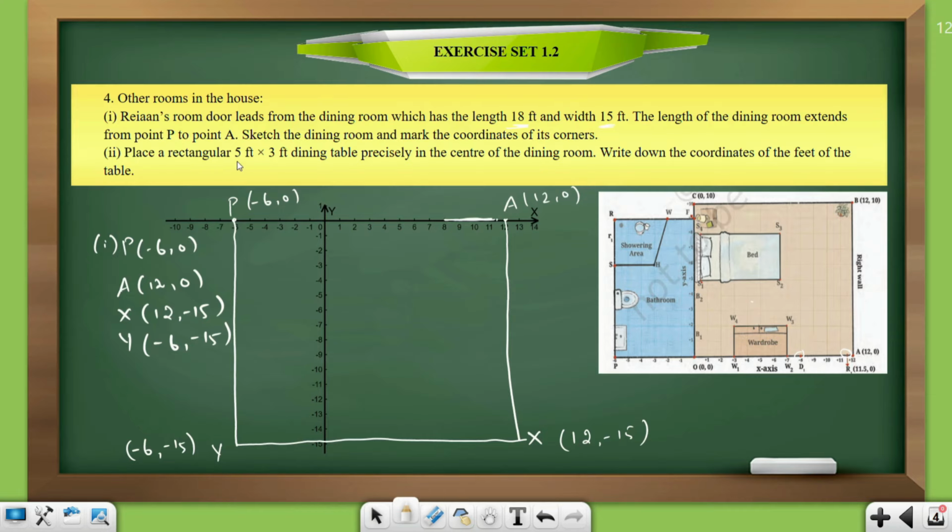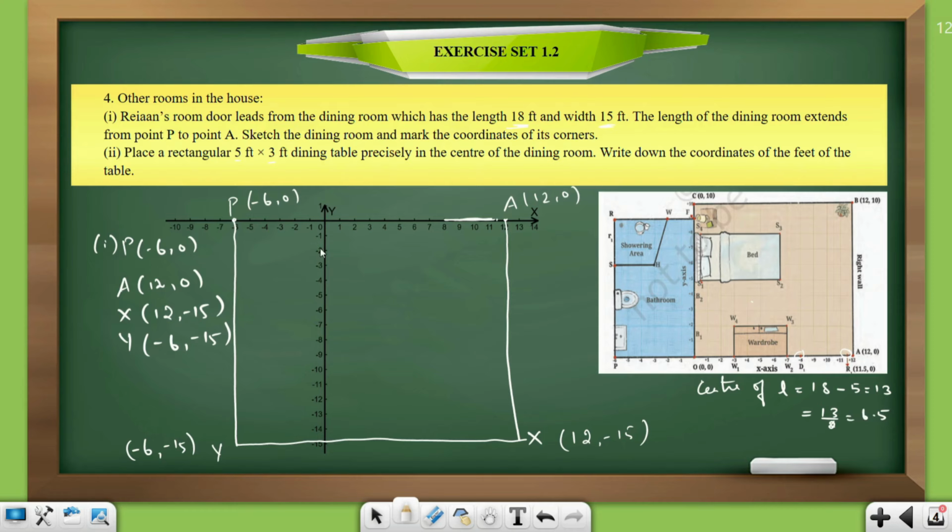Now what is the length and width of the dining table? That is 5 and 3. To find the center point, we have to subtract. First subtract 5 from 18, and you will get 13. Divide this 13 by 2, which is 6.5 units.